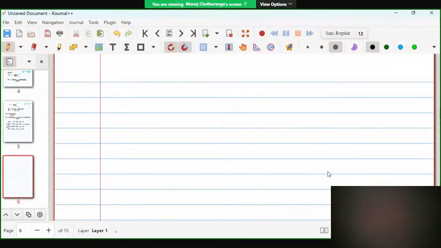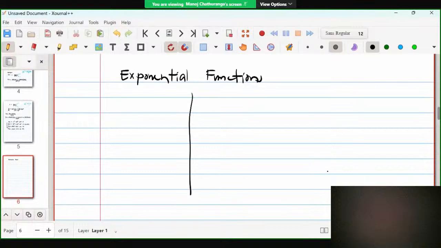I remind you of some facts from this class. The graph of the exponential function. Typically, the exponential function looks like y equals b to the power x.